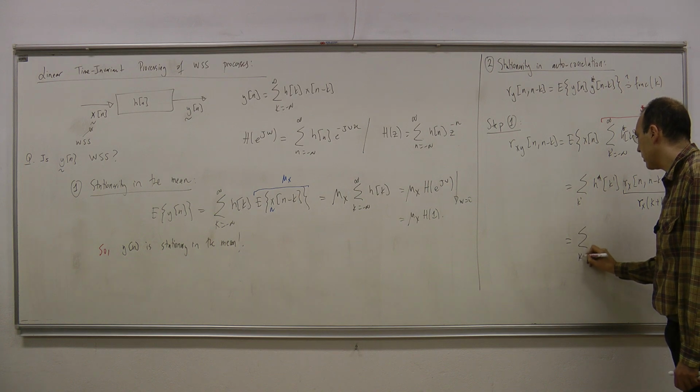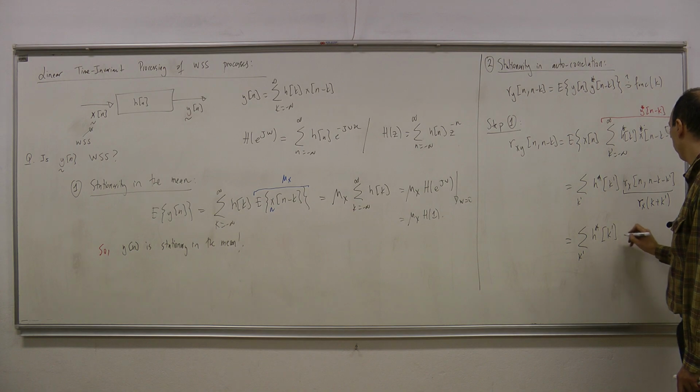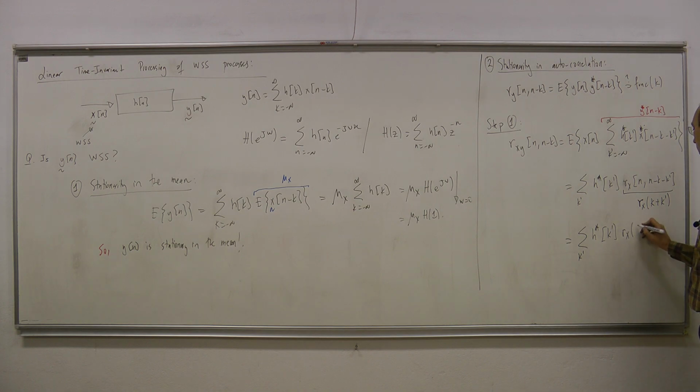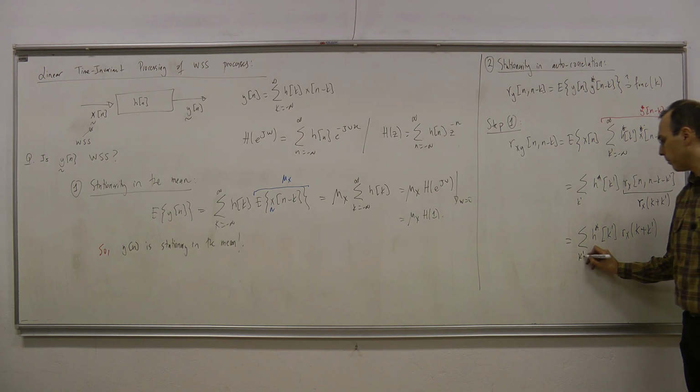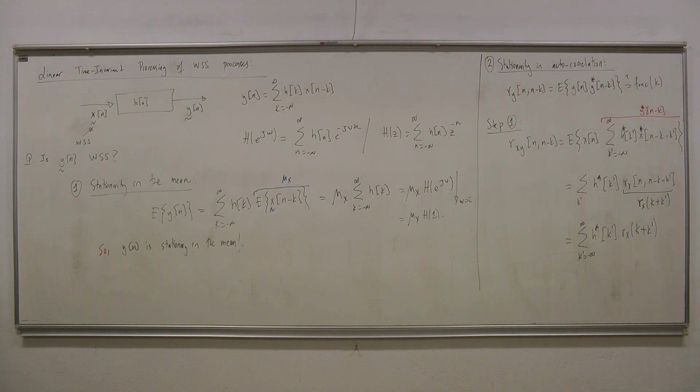Okay. Now I'm at this instant, sum over k prime of h conjugate of k prime times Rx of k plus k prime, from minus infinity to infinity. So what should I do?